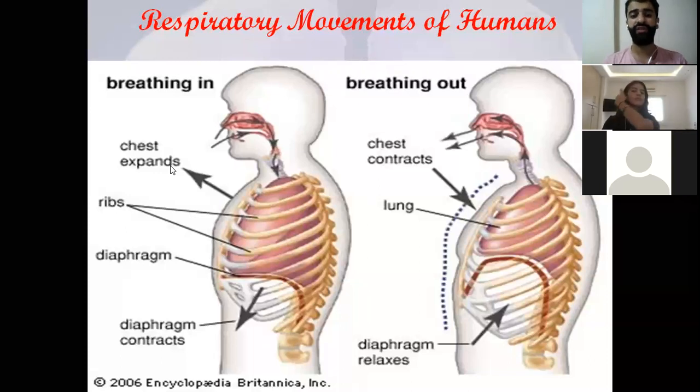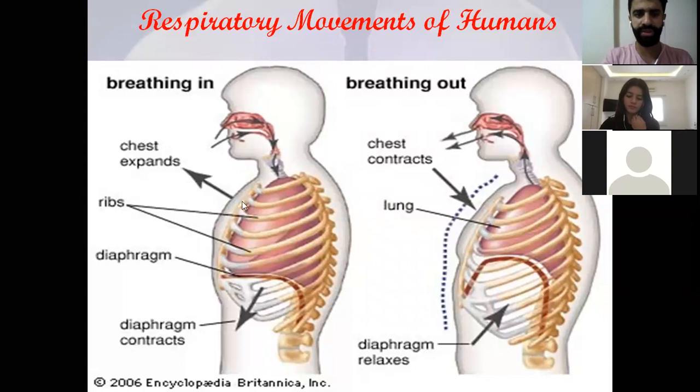Okay? Diaphragm. The diaphragm is a muscle below the lungs. During breathing in, this muscle will contract. While during breathing out, the diaphragm will relax. Okay? This is the difference between inhalation and exhalation. So breathing in, the chest will expand.